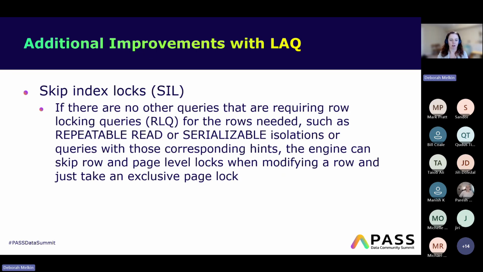It can look for things that are repeatable reads or serializable or other things going on, and it can say, oh, there's nothing else going on here. I don't even need to try to take a lock on the key. I can just go directly to my transaction ID and move along. So it's not even having to do some of that extra work to say, do I even need to lock the key? That's pretty cool.